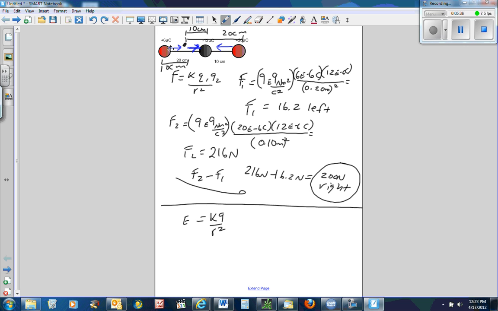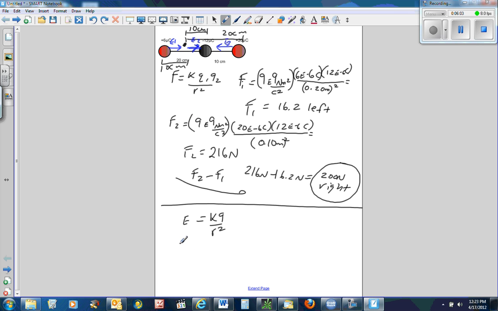So the 6 microcoulomb and the 12 microcoulomb both point to the right because of the direction of the electric field for a positive and a negative. This one points to the left, and all we have to do is put our numbers in. We'll call that E1, E2, E3. We just plug our numbers in 3 times.